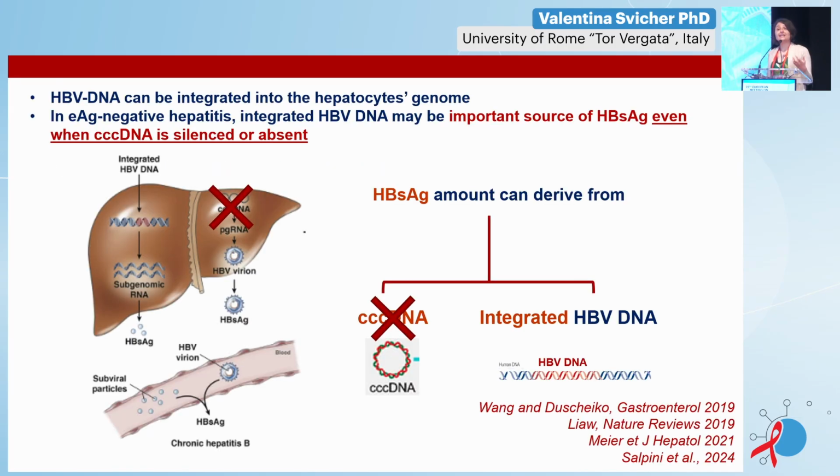We know that HBV can integrate its DNA into the hepatocyte's genome. We know very well now that this integrated HBV DNA can be an important source for HBsAg production even when cccDNA is silent or completely absent.